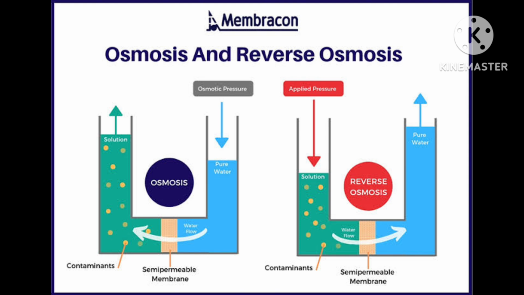If the semi-permeable membrane is in the middle, what will happen? That pure water will pass through the semi-permeable membrane and come towards the solution side, from solvent to solution side, until both side pressure will be equal, both side vapor pressure will be equal.